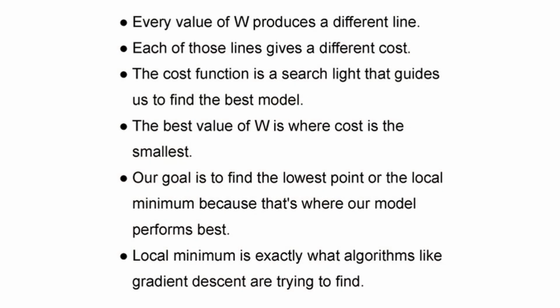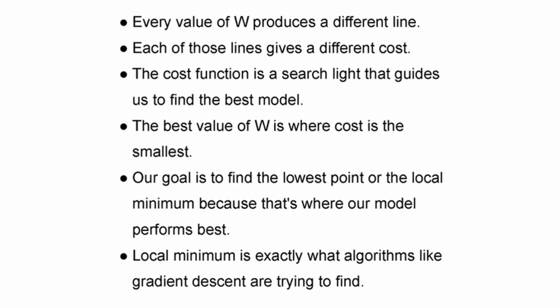Okay, let's recap our takeaways from this lesson now. Every value of w produces a different line. Each of those lines gives a different cost. The cost function is a searchlight that guides us to find the best model. The best value of w is where cost is the smallest.